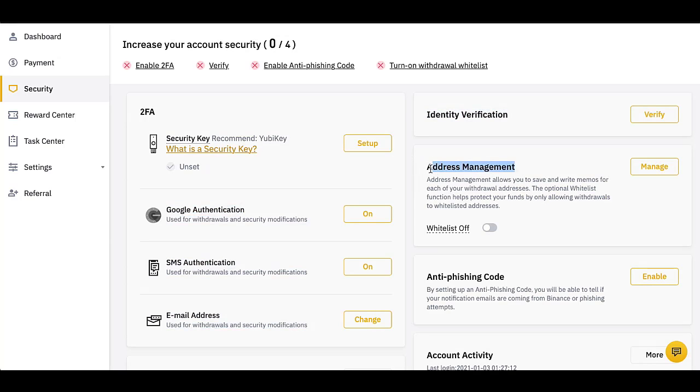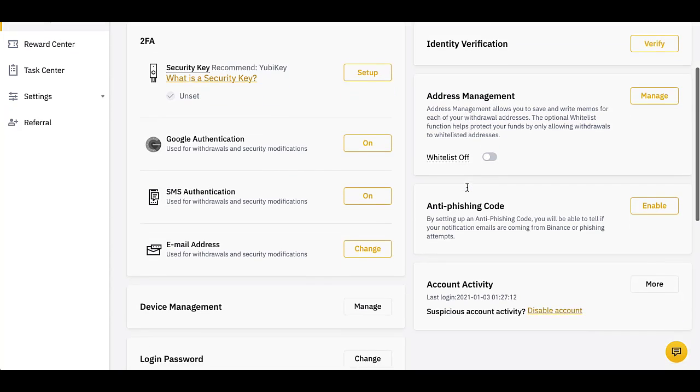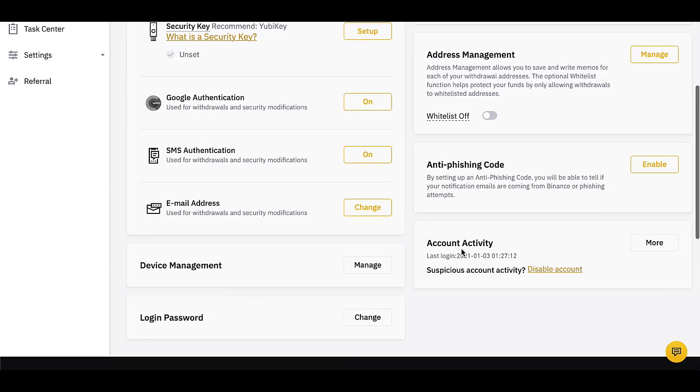If you want to send Bitcoin or other cryptocurrencies to friends, then you can whitelist these addresses, keep them in there, and also give them some notes so you know exactly who's who in terms of sending cryptocurrencies to other people. Also really important is account activity, and this will give you all your previous activity. So you can see if someone logged into the account from a device that wasn't yours.